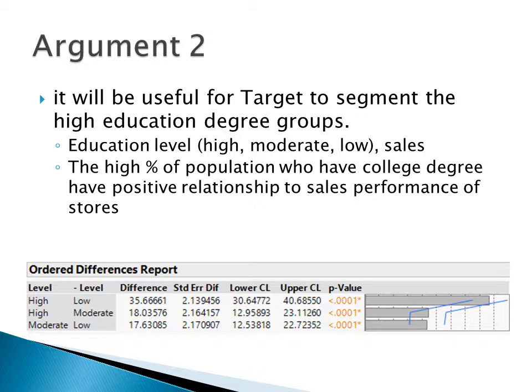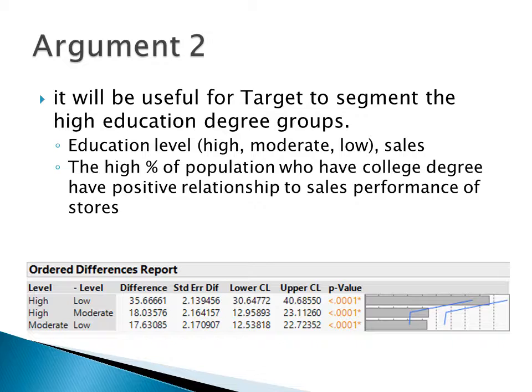Argument 2 is that it will be useful for Target to segment the high education degree groups. I analyzed the education level variables and divided them into three levels: high, moderate, and low.